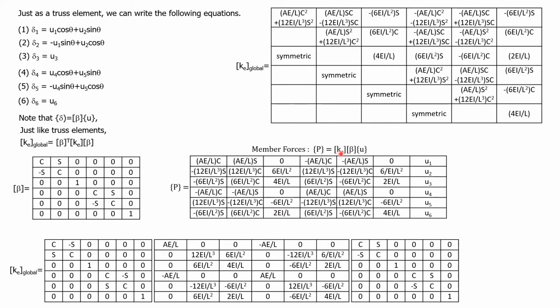Instead, I use this Ke, then beta, then the U, because after we solve for U, we can easily operate matrix multiplication, even if it is more than 6 by 6, or even if it is a 10 by 10 or 12 by 12 matrix. So just remember the local stiffness matrix of the individual element and the beta matrix. Then you can compute the force matrix or the member forces matrix.